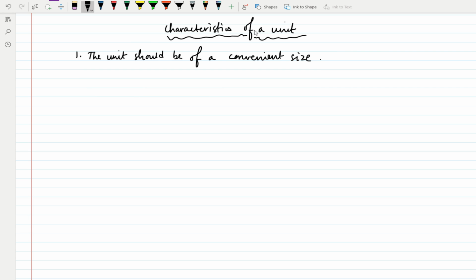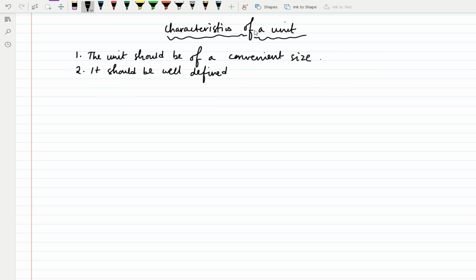So it should be of convenient size. The second point is it should be well defined, or we can also say it should not have any ambiguity or confusion in its definition, because if we are able to define it properly, then the unit is of convenient size and it is suitable for us to use.